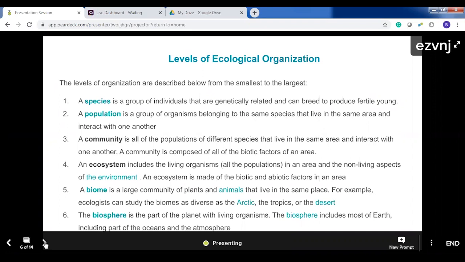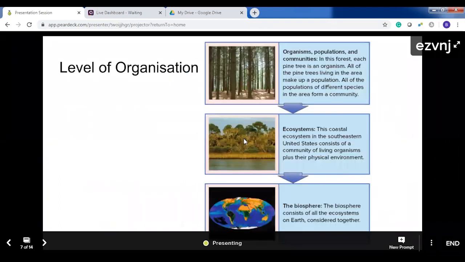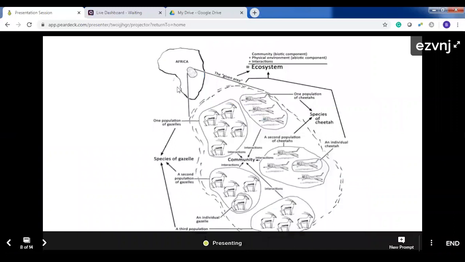And if we see here, the forest, for example, or the lake, is an example of an ecosystem. And the biosphere here refers to the entire Earth. Another example of an ecosystem: here we have Africa, for example.